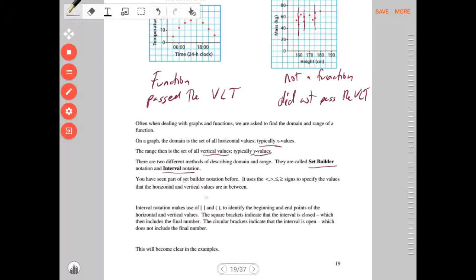Okay, you have seen part of set builder before. Set builder uses the greater than or less than, greater than or equal to, less than or equal to signs to specify the values that the horizontal and vertical values are in between. Okay, interval notation, on the other hand, makes use of either square brackets or circle brackets to identify the beginning and end points of the horizontal and vertical values.